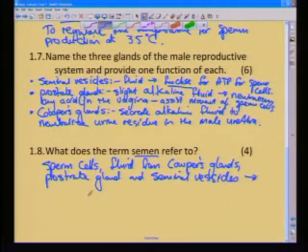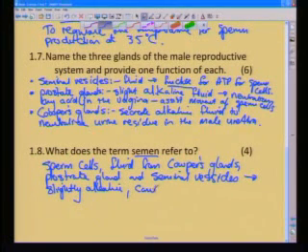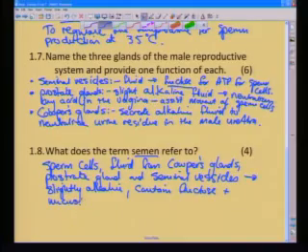And that fluid is going to be slightly alkaline, contain fructose, and mucus. And all of that protects the little sperm and assists them to swim, because sperm cells are motile. Motile means they are able to move.